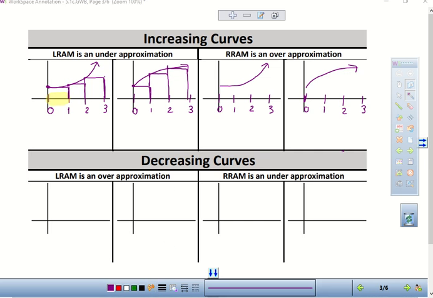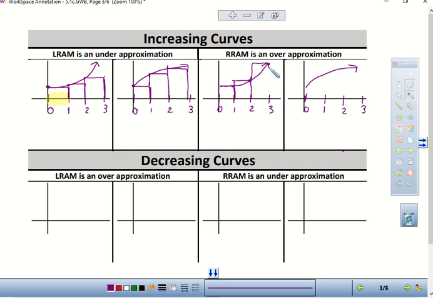Now we're going to do RRAM for these. So with RRAM from 0 to 1, which of these is going to determine the height? 1 is going to determine the height here. From 1 to 2, what's going to determine the height? 2. The height of 2. From 2 to 3? 3.